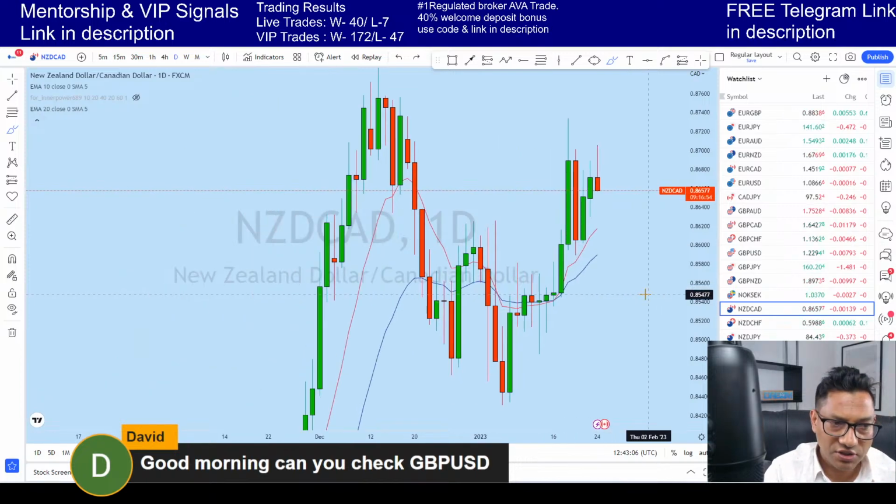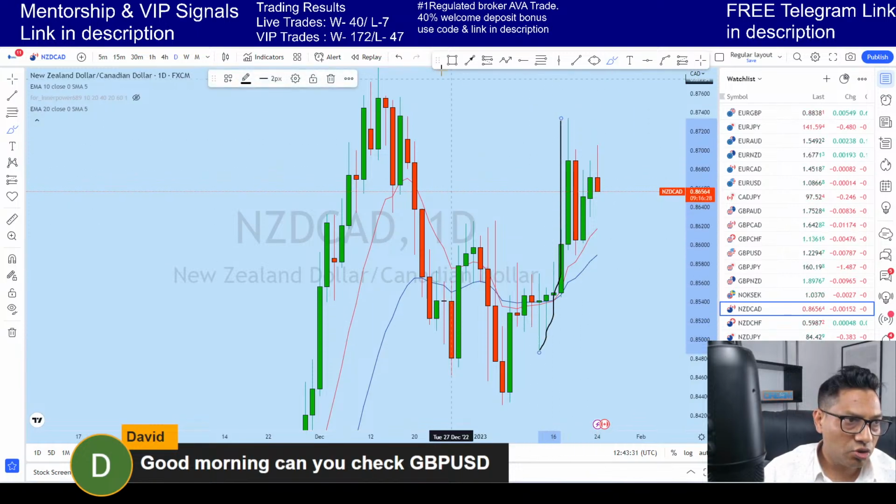That is why I mentioned that when you look at daily, you will see a direction in the market, and then you can use the higher time frame to look further at where the price is heading, where the price is bouncing, and then you can use the lower time frame for an entry opportunity. So NZD CAD, we have seen that from here there has been a strong bounce.